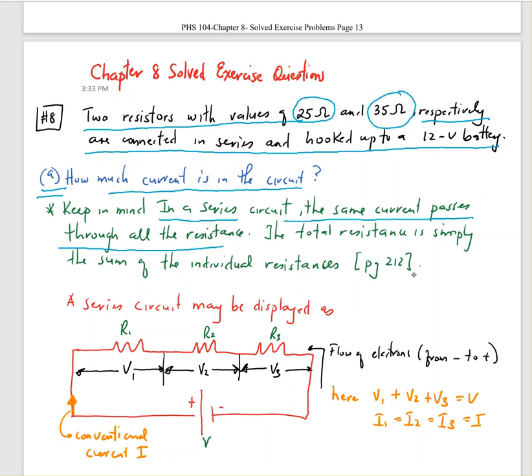Now, the total resistance due to these individual resistors that are in a series formation, you just typically add the resistance. So your total resistance is going to be R1 plus R2 plus R3.